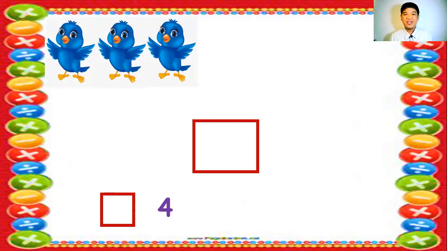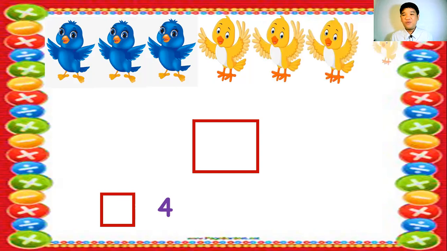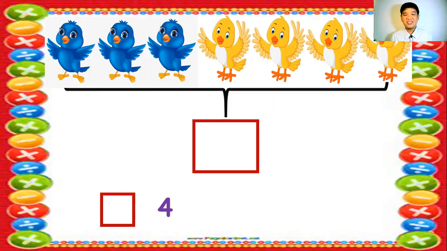Okay, so we have another group, the yellow birds. Let us count the number of the yellow birds. 1, 2, 3, 4. All right. So the question is, how many birds do we have altogether?